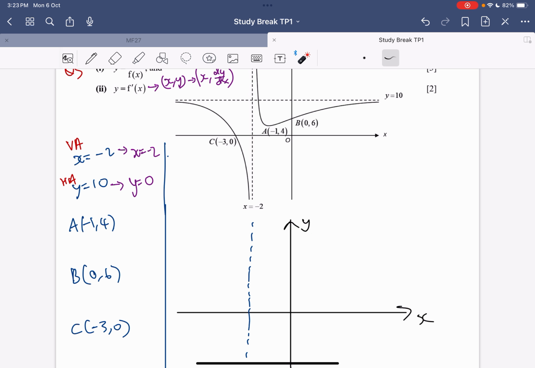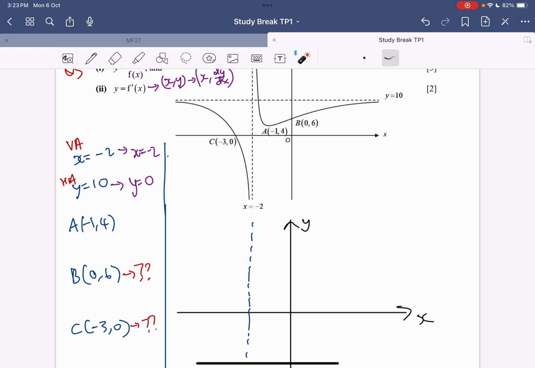Okay, not all the other coordinates can be transformed to new coordinates. In fact, for these, I have no clue what the gradient is at those locations, okay, because this gradient is not provided and this gradient is not provided. Okay, so we have no information to transform those points.